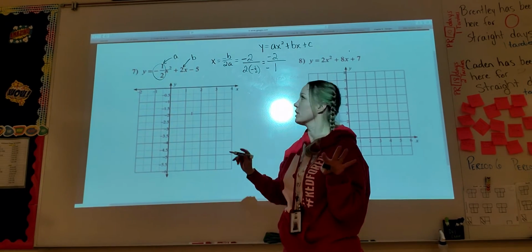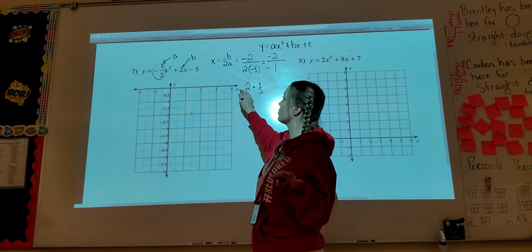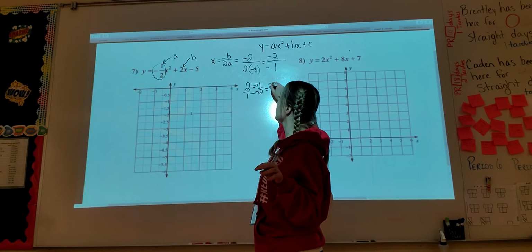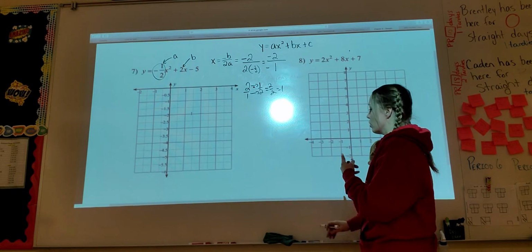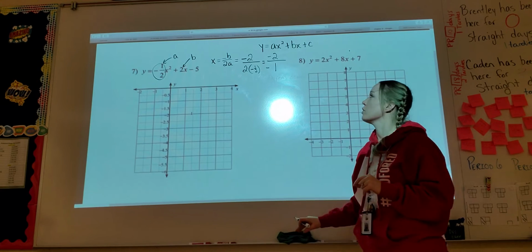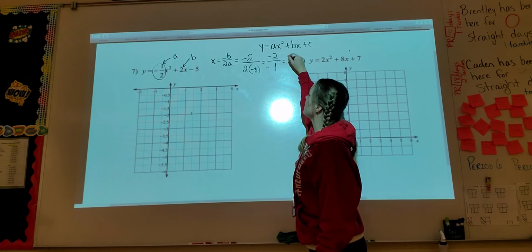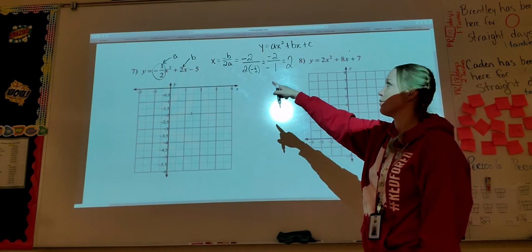Now, if you need that worked out, 2 times 1/2: remember to multiply a fraction with a whole number, drop a 1, multiply straight across, 2 over 2, which is 1. See how that worked out? So it is going to be a -1 down there. So now I have a -2 divided by a -1, which is going to be a +2. So that's my x value of my vertex.